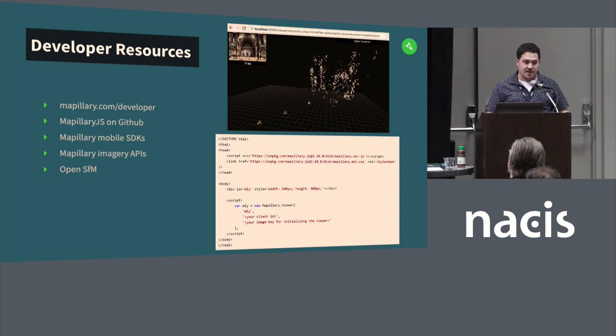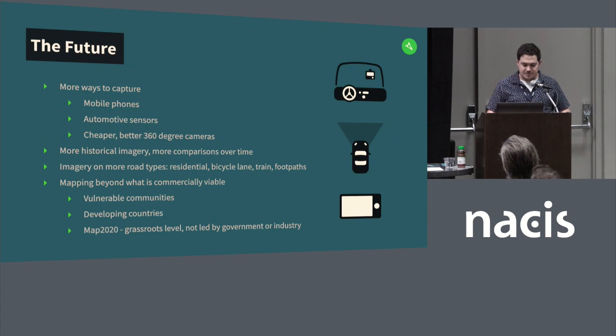So for folks looking to build out new data sets or tools based on what Mapillary has built, we do have some good developer resources on GitHub, a developer homepage, a series of mobile SDKs for both Android and iOS, and then our imagery APIs, which if you're a power user, you can build some pretty fun and cool things with.